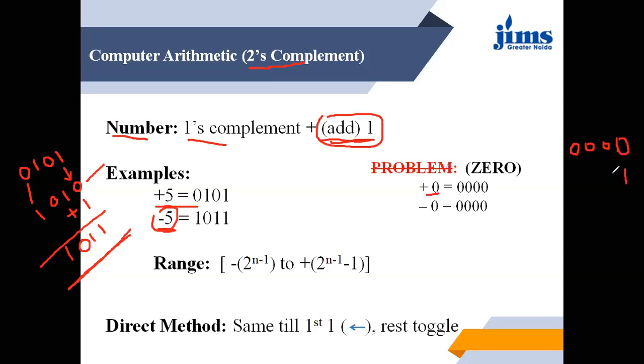So this is 1, this also 1, this also 1, and this also 1. This is the one's complement. To find the 2's complement, I have to add 1 to this. So after adding 1, this is 0, 0, 0, 0, meaning all 0.